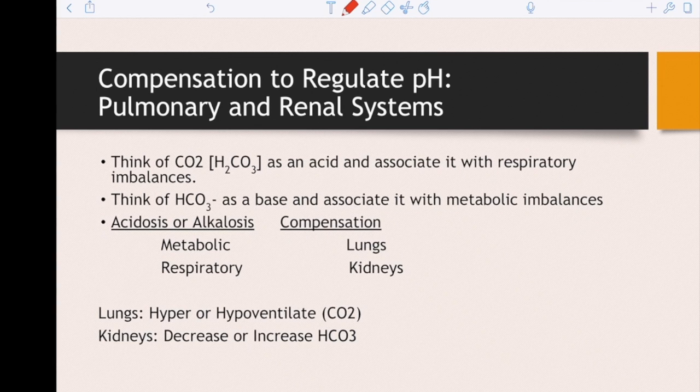Why? Because our kidneys have the ability to excrete or retain HCO3 in order to minimize major pH changes. So anything related to the kidneys, we're going to refer to as a metabolic imbalance. Anything related to breathing in and out, naturally, is going to be a respiratory imbalance. Okay.